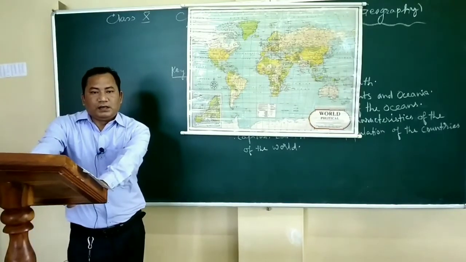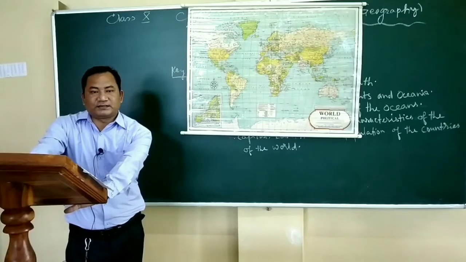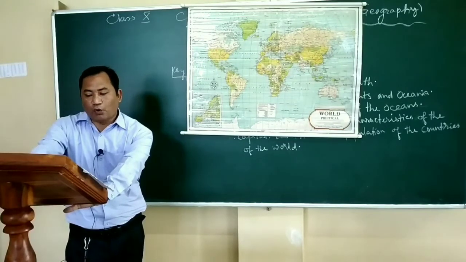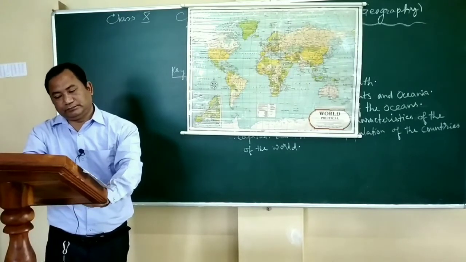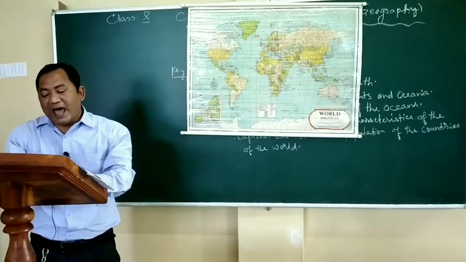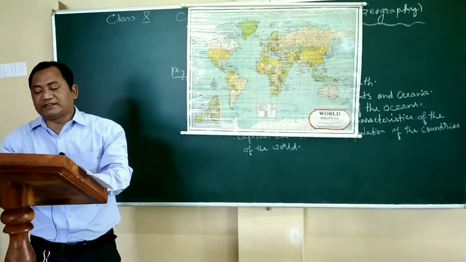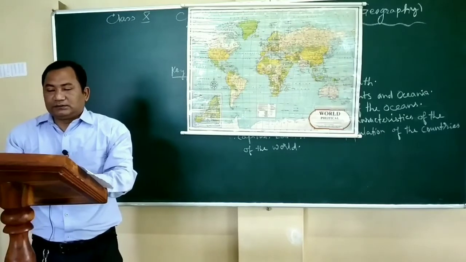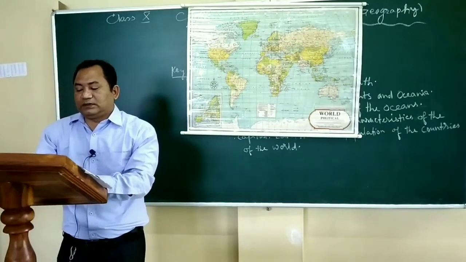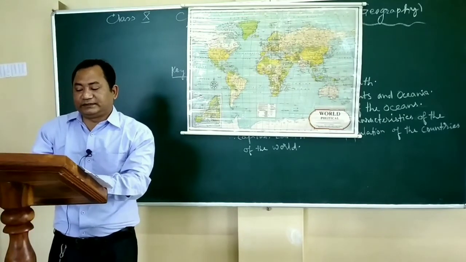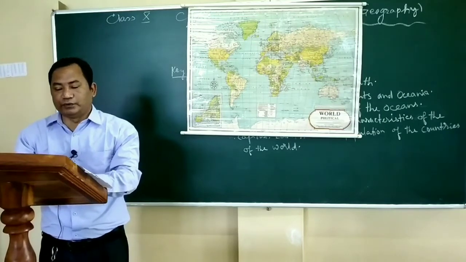Now, let us discuss about the Indian Ocean. It has an area of about 73 million square kilometers, and it is the third largest ocean in the world.